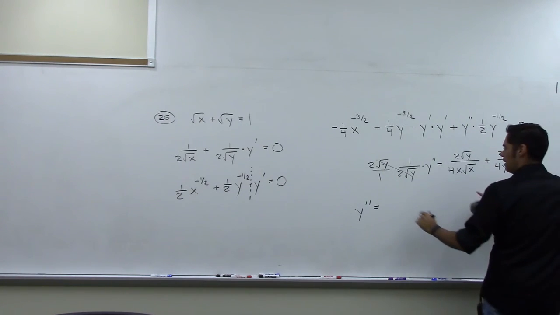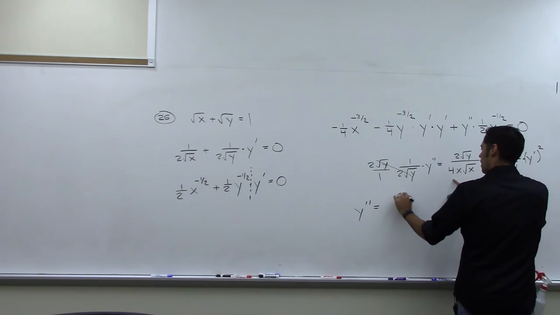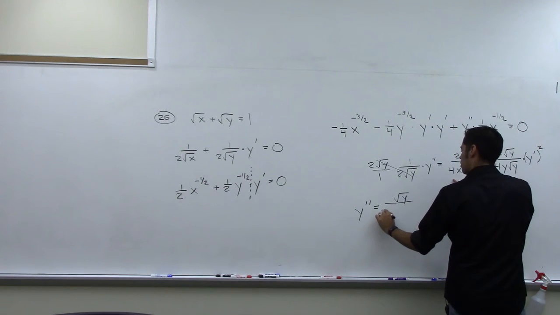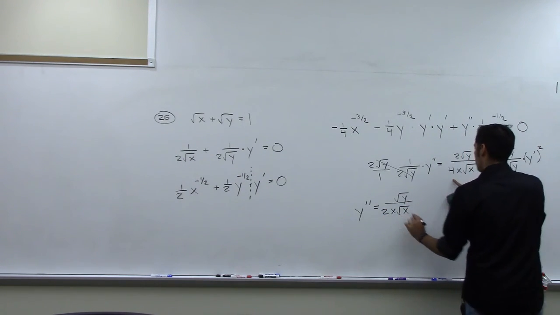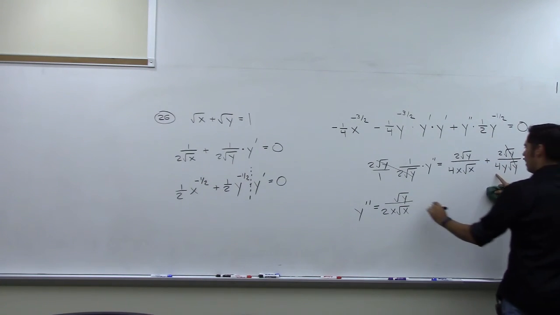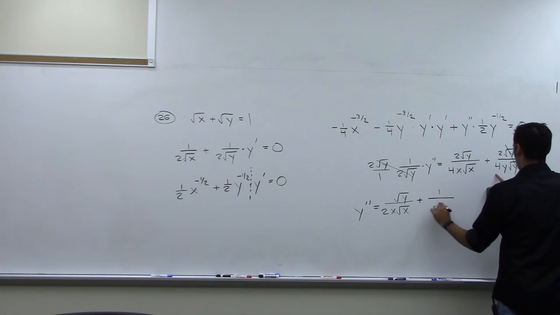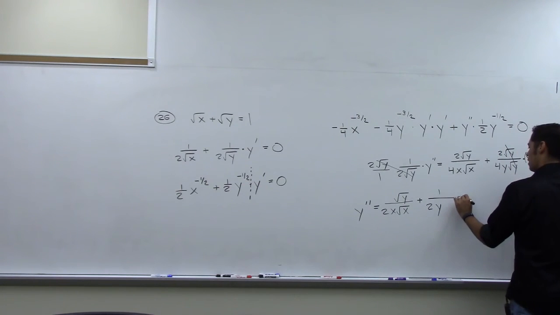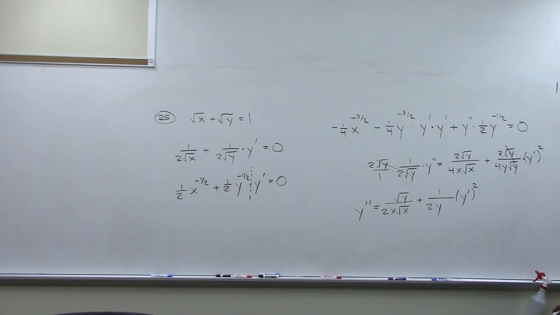And we will get, let's see, root y over 2x root x. That's what that simplifies to. Here, the root y's cancel. I get plus 1 over 2y times y prime squared. And I'm really hoping I can do something with this.